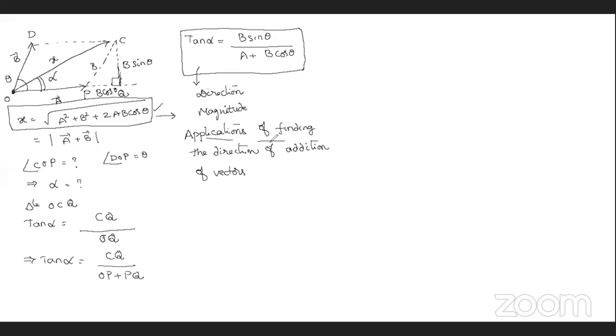One by one we'll check, Nana. While finding out the magnitude, the first application we took was, in the previous class before Krishnastami, Example 1: when two vectors are collinear or parallel to each other.